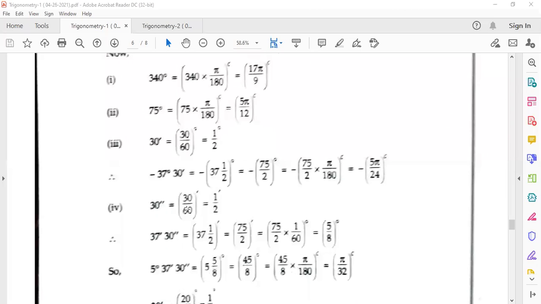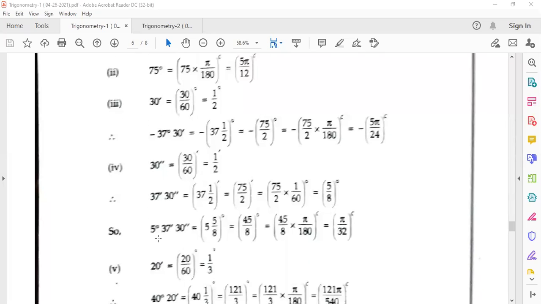At first this 30 seconds is converted into minutes, that is half minute. Then this half minute is converted into degree. Then 5 degree 37 minutes 30 seconds is converted into radian, that is pi by 32 c.